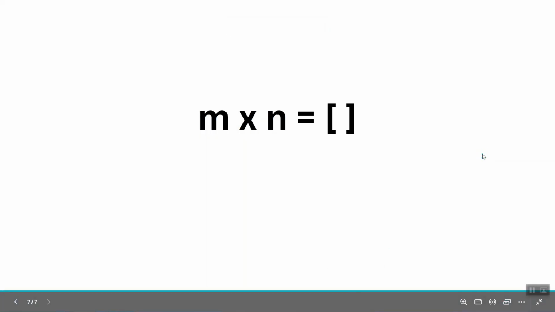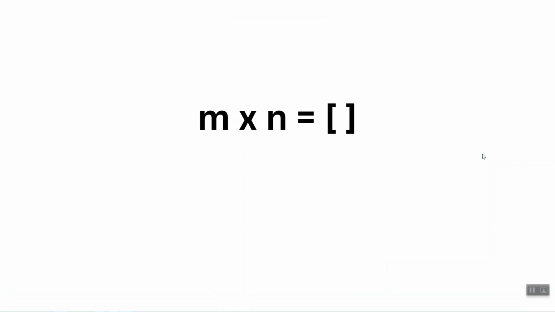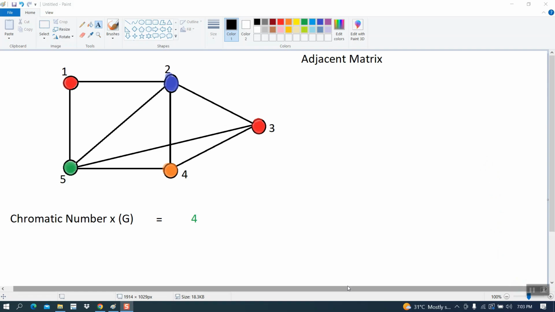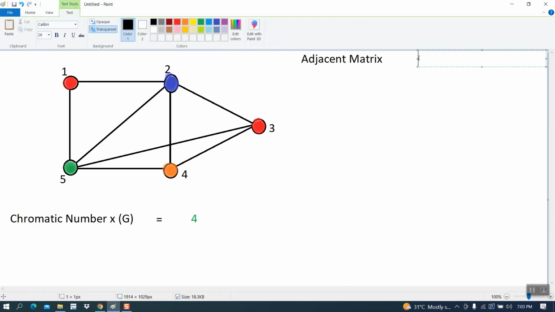Generally, you know that a matrix is like m into m, and inside the square brackets we write our numbers. Let's create an adjacency matrix for the graph which I showed previously. This should be an n into n matrix.